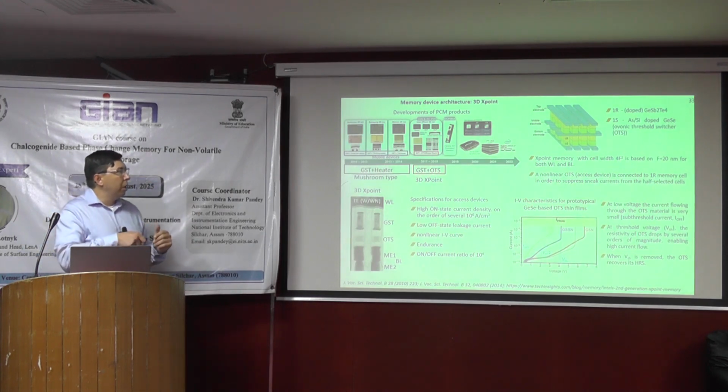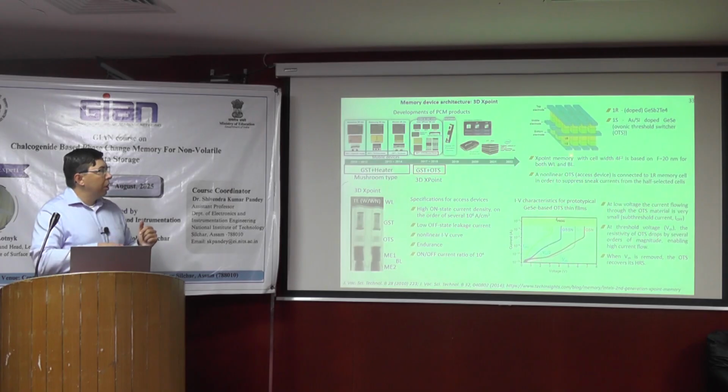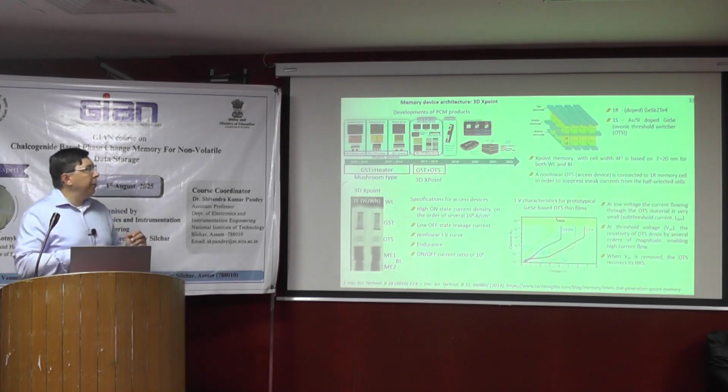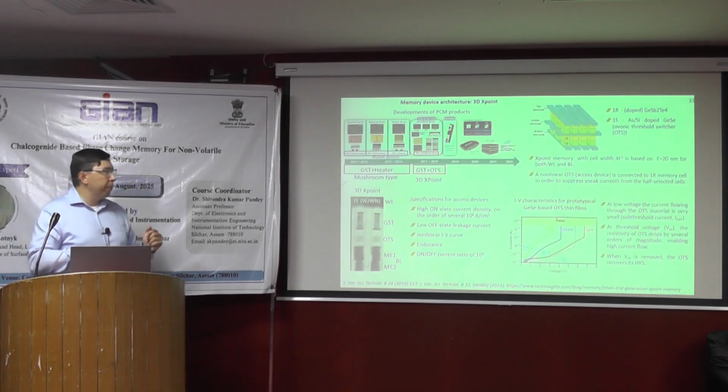So here we see one 3D X point with 2 cells. Here is one row, and this is the second row, the small cells. This is like one resistor, one selector. And here we don't have the heater. In this scheme we have a selector which selects the state of our GST cell.